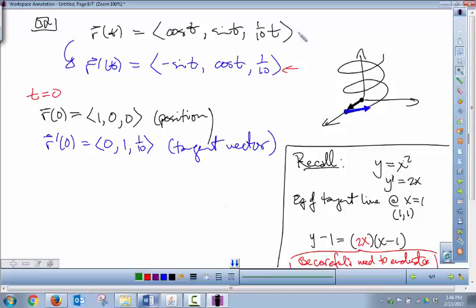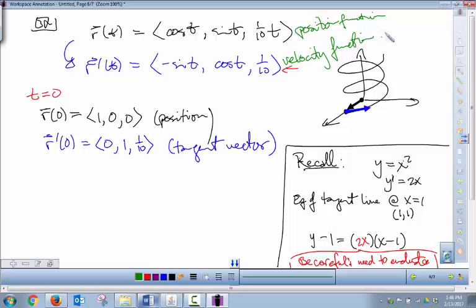Sometimes it's called a position function, and so this is not the tangent function. Sometimes it's called the velocity. So the tangent vector and the velocity vector turn out to be the same; this can also be called the velocity vector.